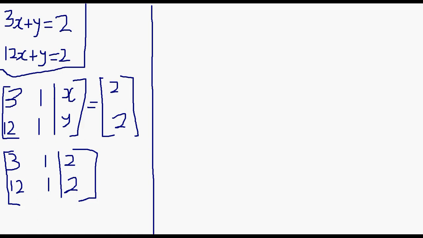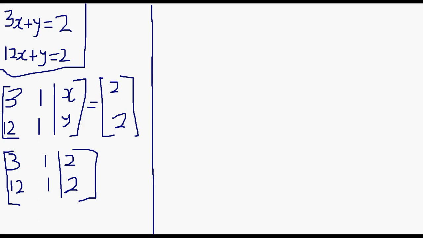So whatever figure you get at the top here, it is x, and whatever figure you get at the bottom here will be y. So after solving the elementary operation, if these two change to become 16 billion, it is x. And if these two change to become 50 billion, it is y.